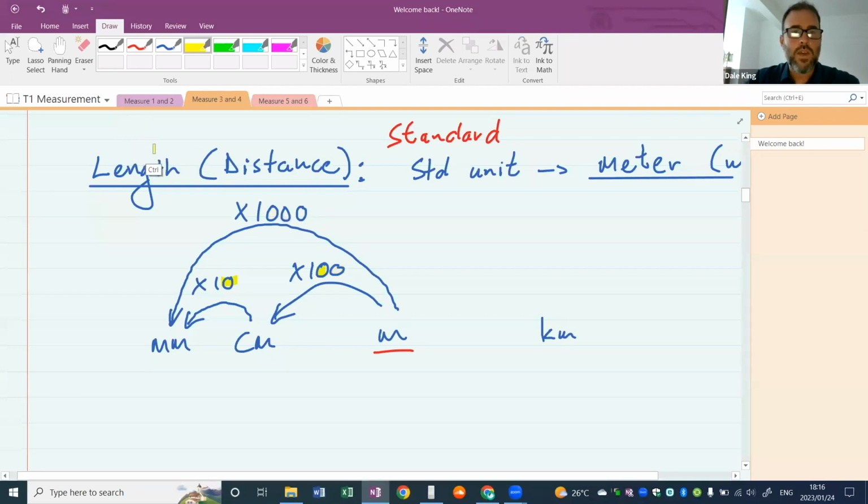So it's 1,000 millimeters in every 1 meter. Now let's go from kilometers to meters. We know that there are also 1,000 meters for every kilometer.